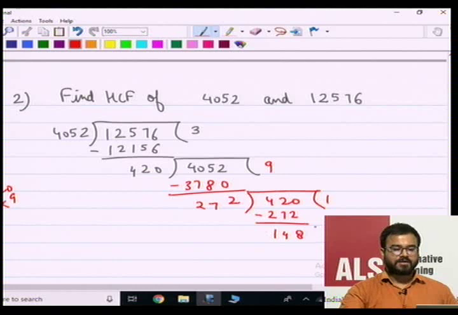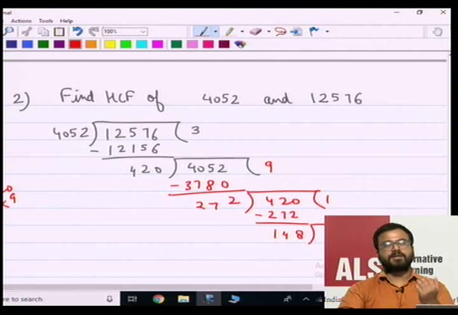148. Now 148 will be the divisor and this 272 will become the dividend.